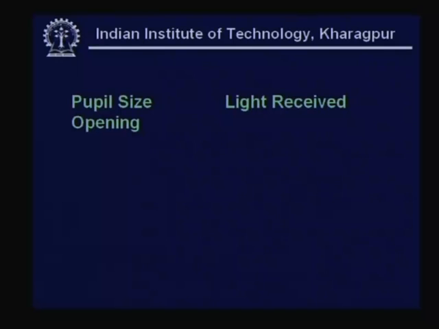See, we can relate the pupil size and the light received. As you can see, the pupil size is very large when it is dim light. In fact, all of us have noticed this. When we have to walk in a dark street, we tend to open our eyes much wider, so that we are able to clearly observe the person coming in the opposite direction.